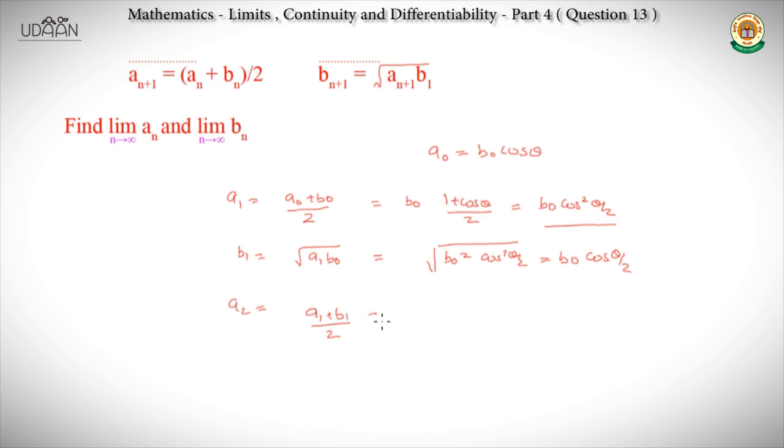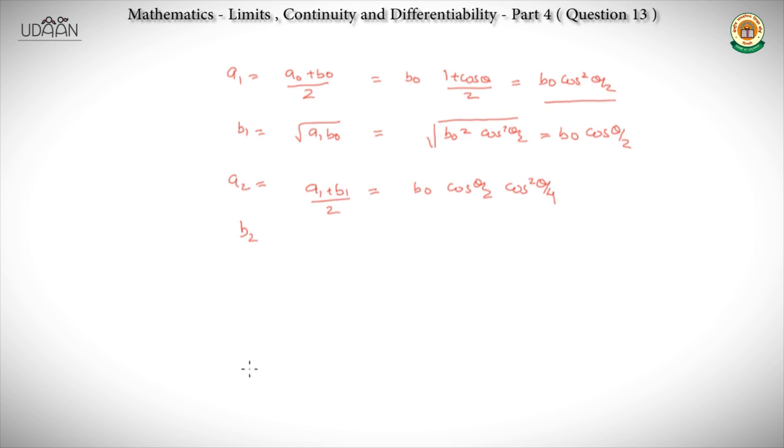And similarly, substituting, we can resolve it into b0 cos (theta by 2) into (1 plus cos theta by 4)... Similarly, when we substitute b2 equals root of a2 into b1, we get b2 equals b0 into cos (theta by 2) multiplied by cos (theta by 4). So now we can see that a trend pattern is being followed in all the series.